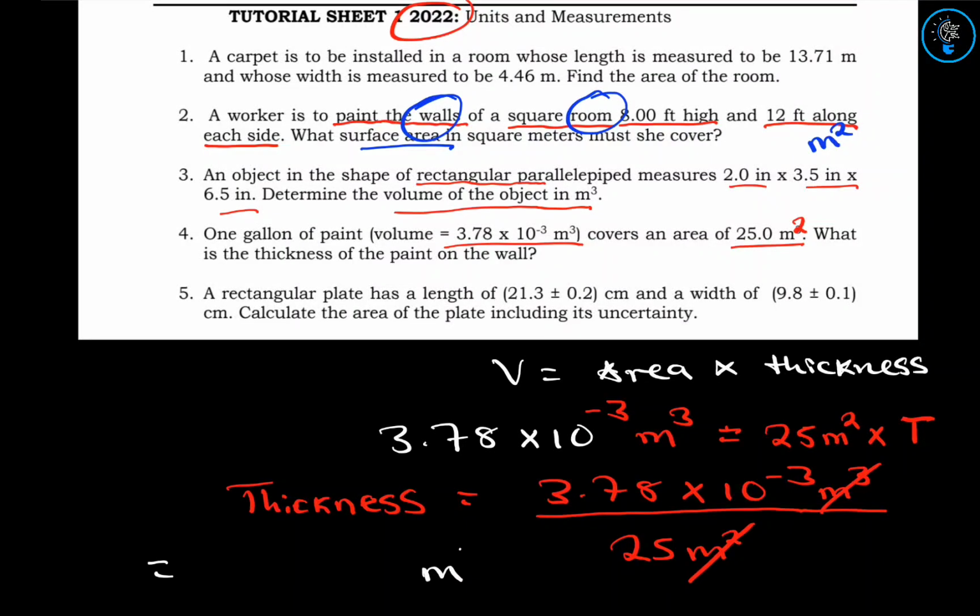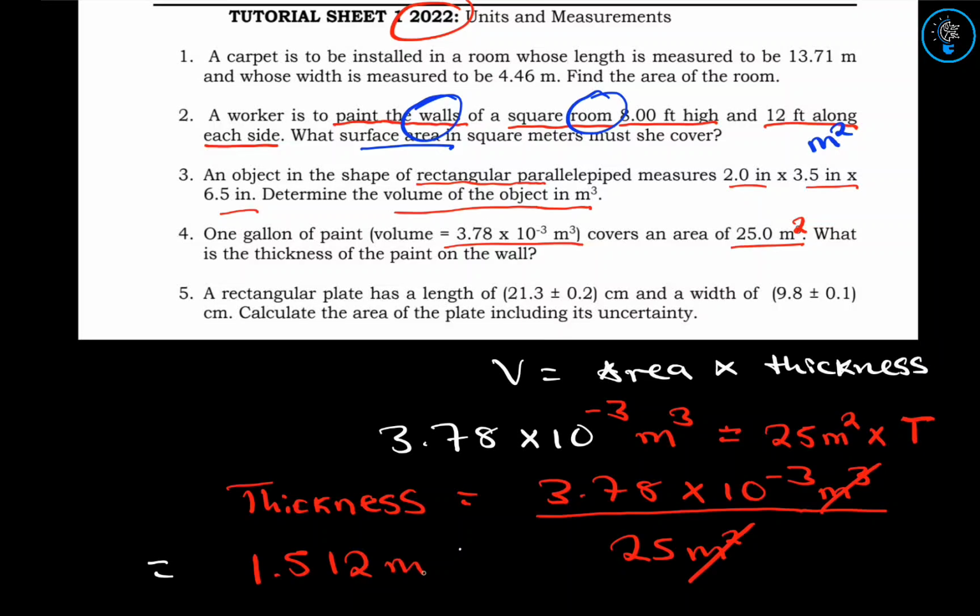So we are saying 3.78 exponential negative 3, divided by 25. And we're going to get a value of 1.512.